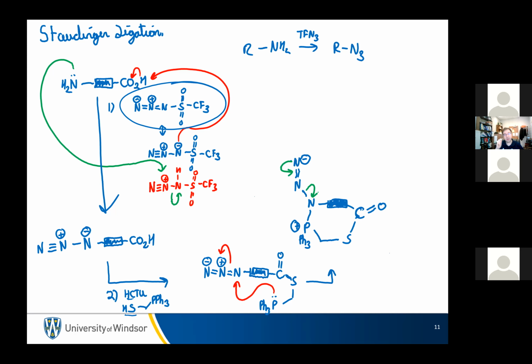So we're going to lose nitrogen, N2. Driving force here is going to put an N minus next to a P plus, which is pretty good. N minus, phosphorus plus, some triphenyls, 3 phenyl groups hanging off of here.